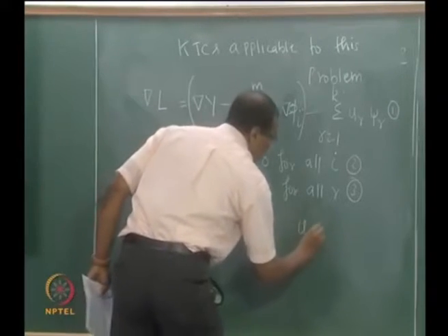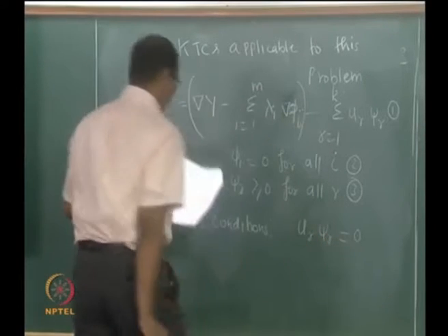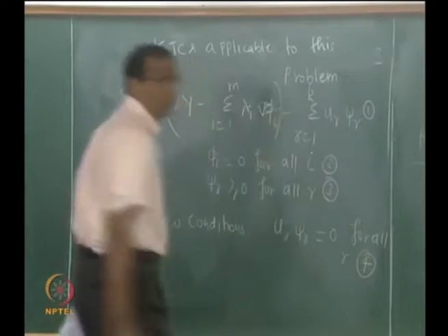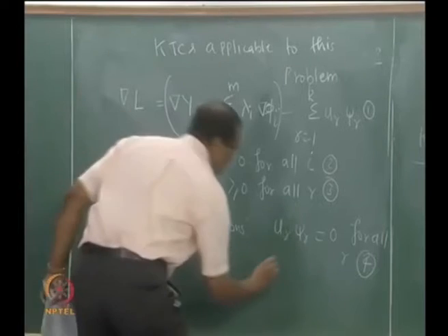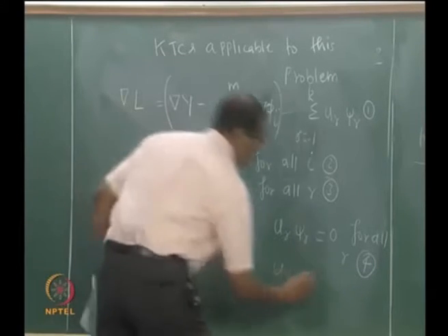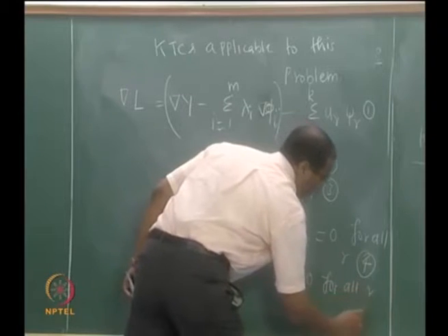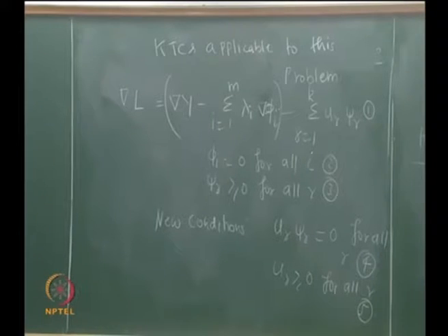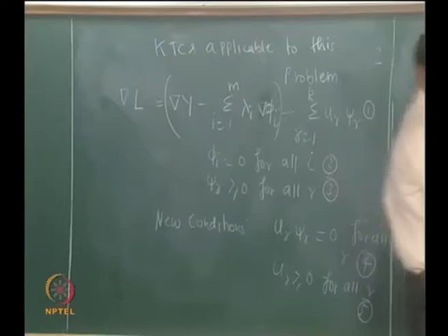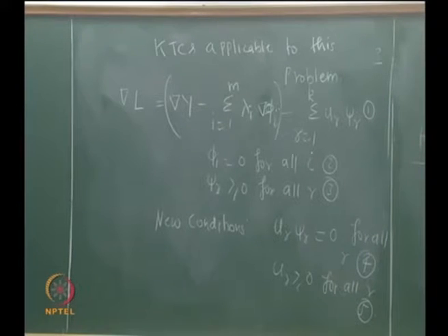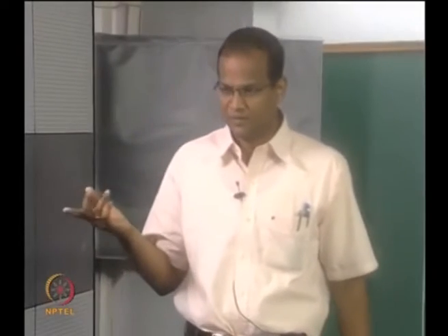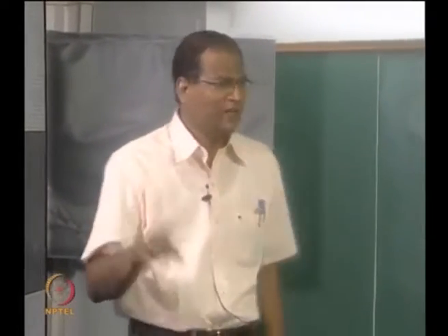Basically u r psi r is equal to 0 for all r, and u r is greater than or equal to 0 for all r. Do not worry, I will explain all this. For a maximization problem, the minus of y has to be minimized. If you want a maximum of y, you can do minus of y, that has to be minimized.